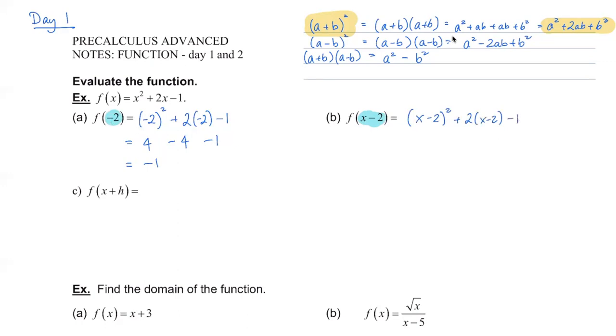I understand that we're substituting with an expression with x, so that could cause a little bit of confusion, but don't get scared. It's just your psychological overthinking. If you know how to do f of -2, this is the same thing.